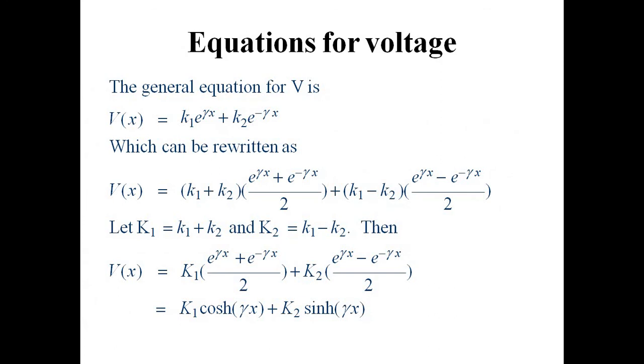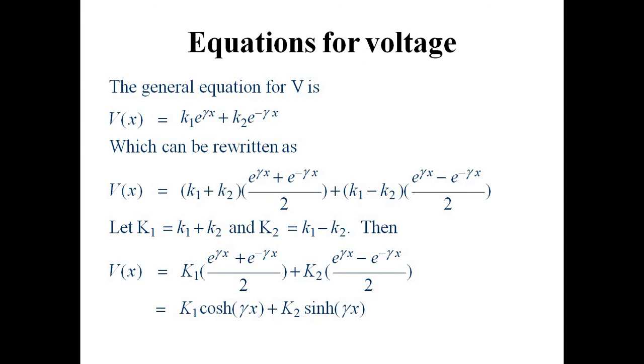The general wave equation for voltage is V(x) = K1 e^(γx) + K2 e^(-γx), which can be rewritten as V(x) = (K1 + K2)(e^(γx) + e^(-γx))/2 + (K1 - K2)(e^(γx) - e^(-γx))/2.